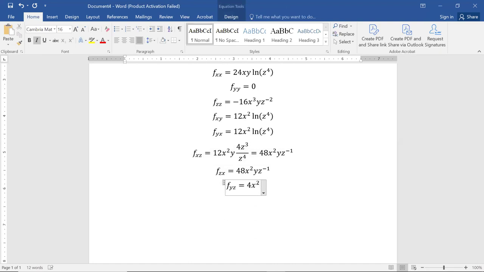And the derivative of natural log is always 1 over the thing inside of the natural log times the derivative of the inside function. So notice what that is. That's going to give me a 16x squared times z to the negative 1.